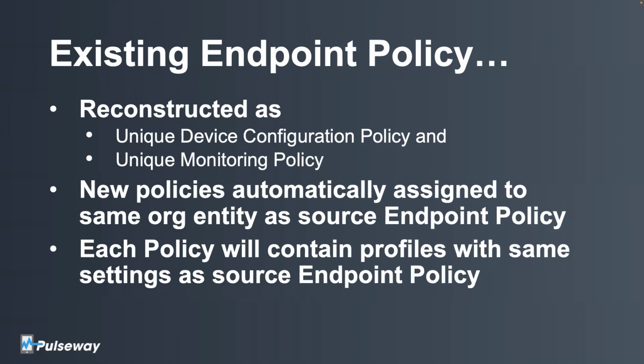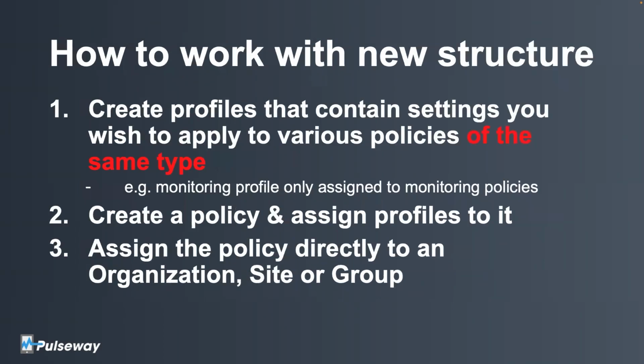So your policies are assigned to the same entity as the original source, and the profiles are the same as the source endpoint policy. You should see nothing materially changed there. So how do you work the new structure? You create profiles that contain settings you want to apply to various policies, but they must be of the same type.